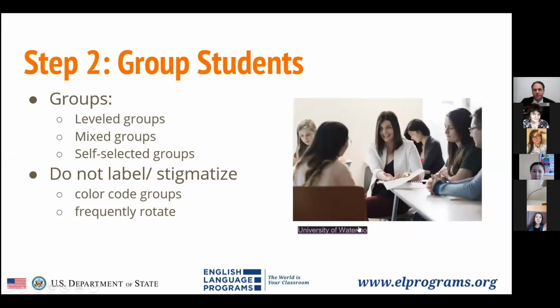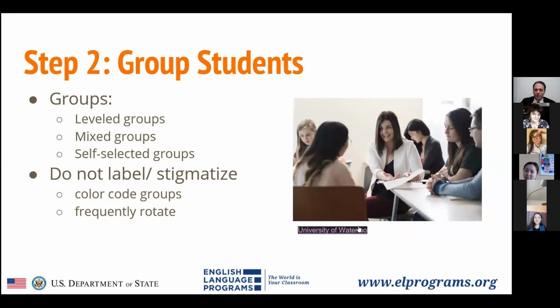So the person who chooses yellow goes to the yellow group. But they don't know. I don't say in the beginning of the lesson. In this way, we'll lead the lesson.